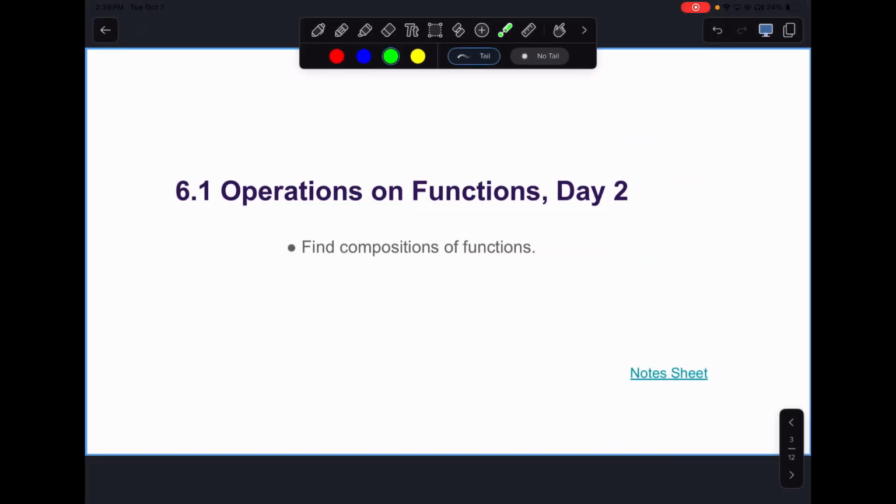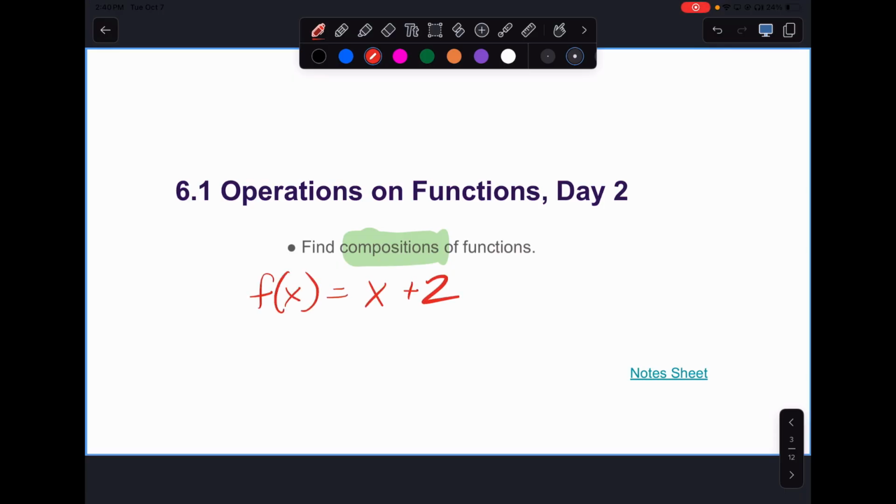Okay, so we're going to focus mostly on compositions today. One thing I want to remind you is, if I have a function, and let's say that f of x is x plus 2, just a simple function, and then I ask you to evaluate the function for f of 3, we're going to take a 3 and plug it in for x.